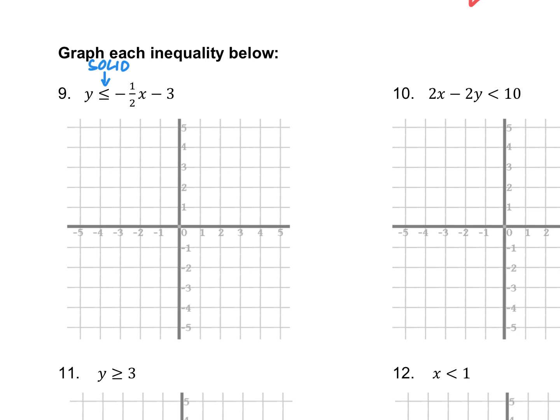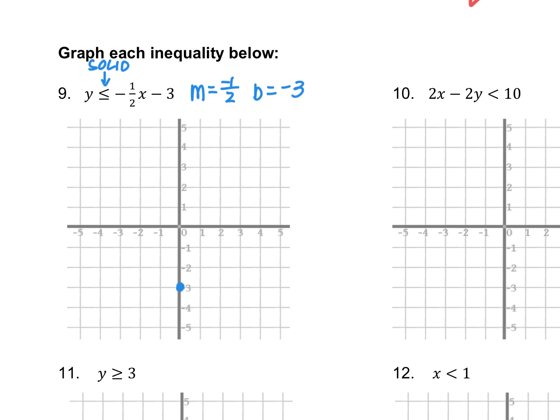Good. And then I also need to check and see, is this already in slope-intercept form or do I need to solve? It's already in slope-intercept form. So what is my slope? Negative 1 over 2. And what is my y-intercept? Negative 3. So I'm going to graph my line like normal since it's solid.